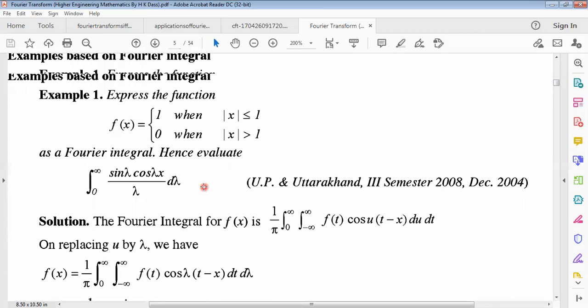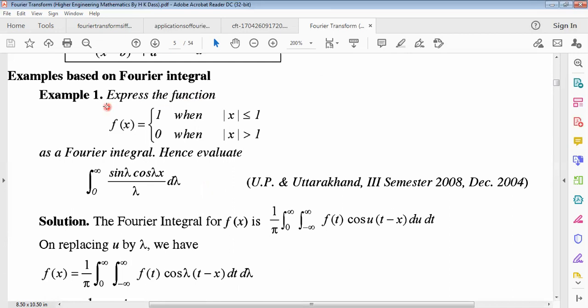Now we will discuss some examples based on Fourier integrals. This is example 1. Express the function f of x, which has two values: f of x equals 1 when the absolute value of x is less than or equal to 1, and f of x equals 0 when the absolute value of x is greater than 1, as a Fourier integral.